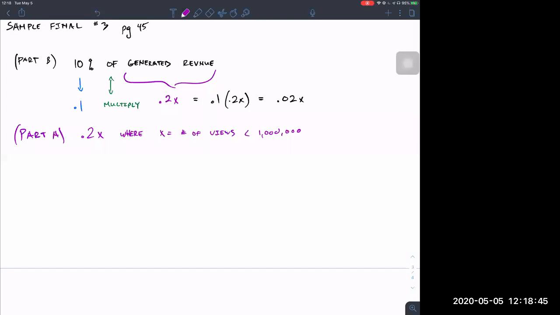But you wouldn't write all of that in the model. The piece that goes into the model is just this, just like in part B, that piece of the model goes right there.